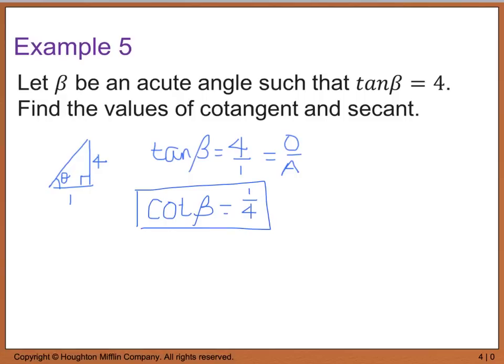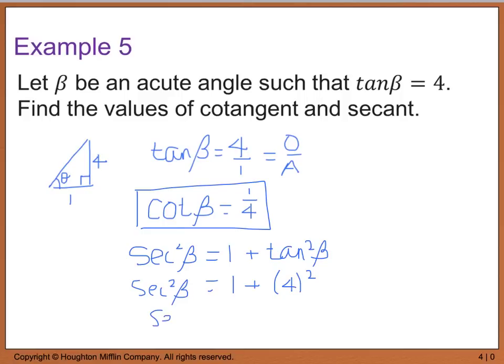Now to find secant, I'm going to use the fact that secant squared of beta is going to be equal to 1 plus the tangent squared of beta. And if I plug in what I know, I really have 1 plus, and tan beta was 4, and this is squared. So this is secant squared beta.